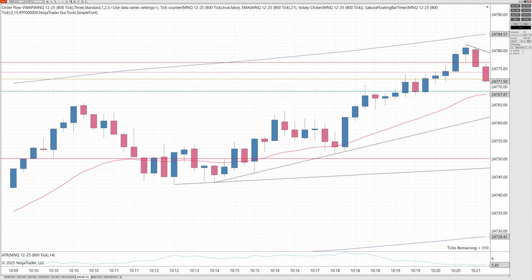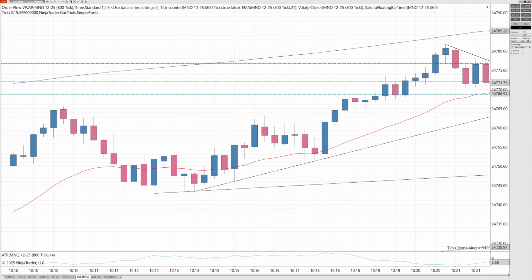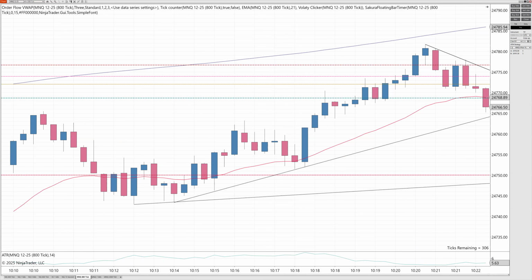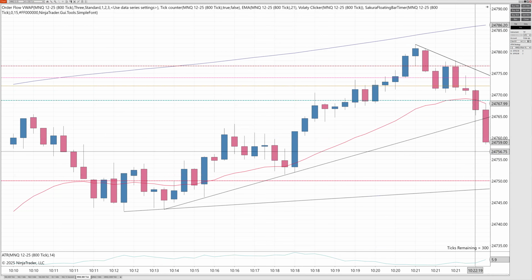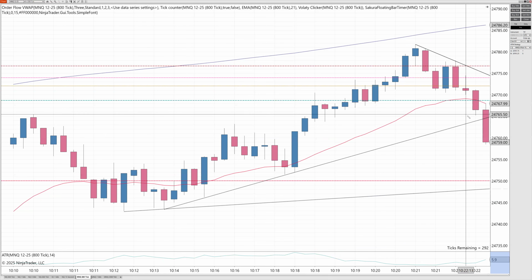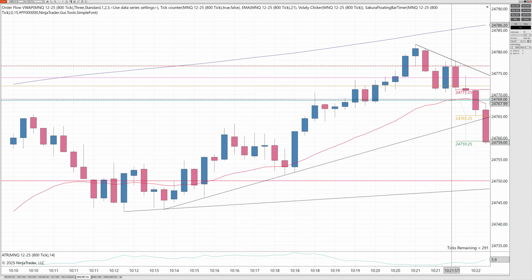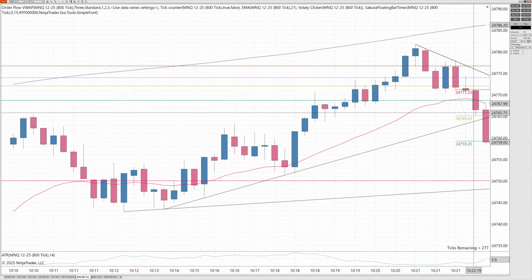And now we wait until we get to another level. And here is the level. Unfortunately, I don't know if I could take it because of this trend line that I drew here. But if the trend line wasn't there, you would take this, and it did end up working.